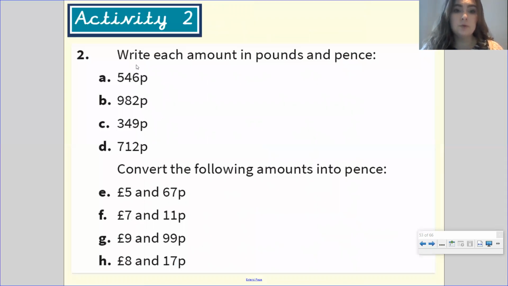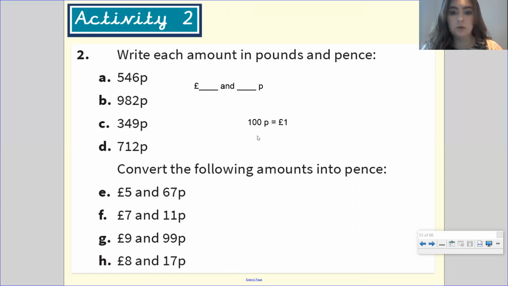Activity 2, I want you to write each amount in pounds and pence for A, B, C, and D. So you've got 546 pence. How much would that be in pounds and pence? So again, you would be writing it as something pounds and something pence. Use your knowledge of knowing that 100 pence is the same as £1.